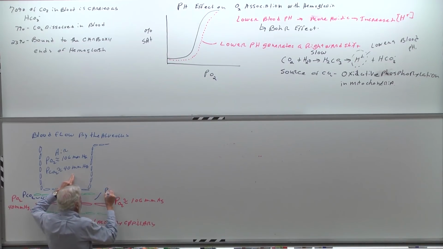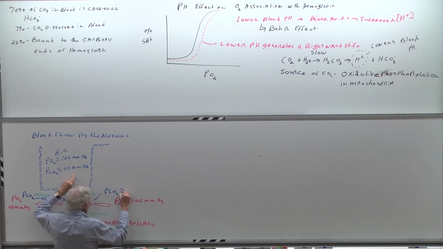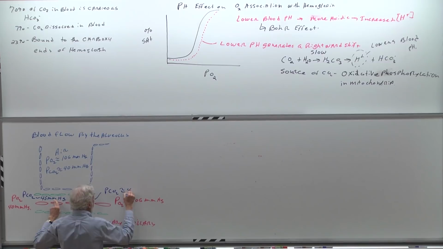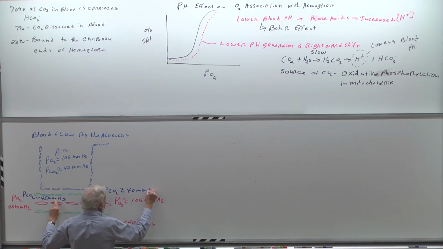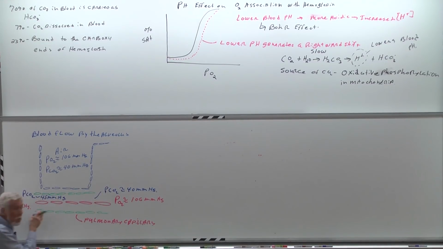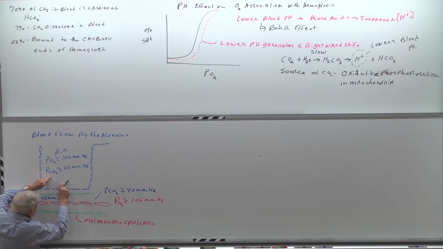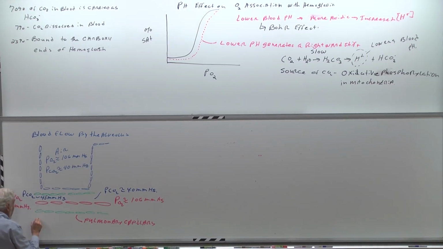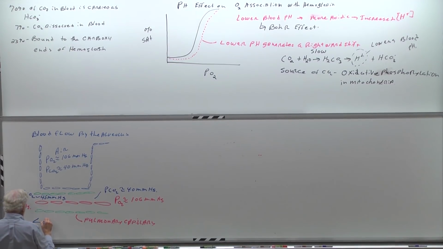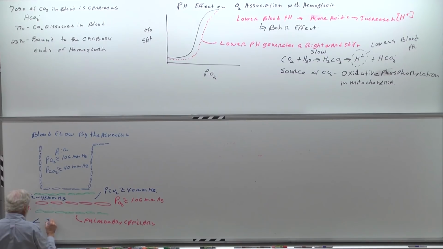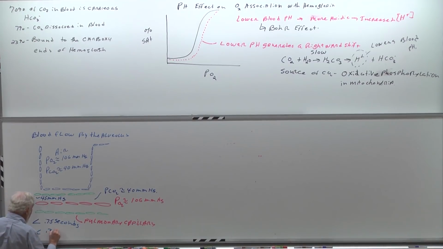So here, the pCO2 levels are in the neighborhood of about 40 millimeters of mercury. But yet the dwell time, the period of time when these erythrocytes are traversing by the alveolus, is less than 0.75 seconds. When you're exercising hard, it's less than about 0.3 seconds.